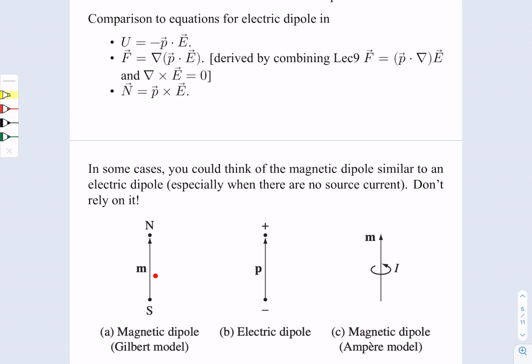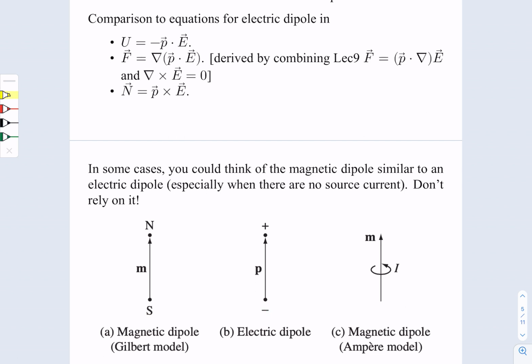sort of draw an analogy by saying that instead of believing that the magnetic dipole is produced by this current, we can make it up of a magnetic monopole, a north pole here, similar to the plus charge, and a south pole replacing the negative charge.